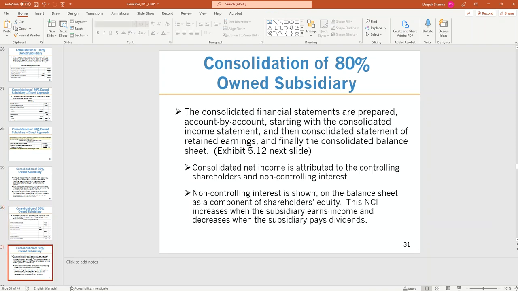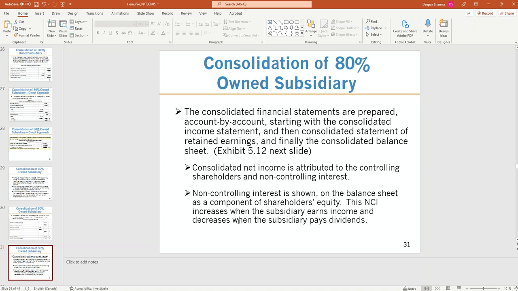Then the consolidated financial statements are prepared account by account, starting from the consolidated net income, then the retained earnings, then finally the balance sheet. Consolidated net income is attributed to controlling shareholders and non-controlling shareholders. Non-controlling interest, NCI, is shown on the balance sheet as part of the shareholders' equity. This increases when the subsidiary earns income and decreases when the subsidiary pays dividends.